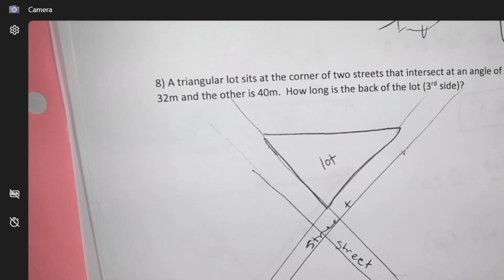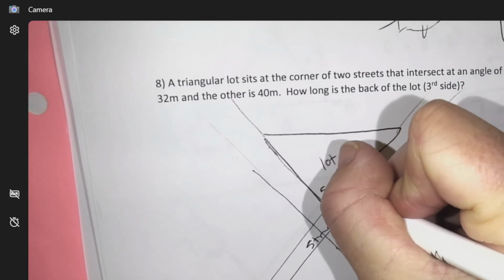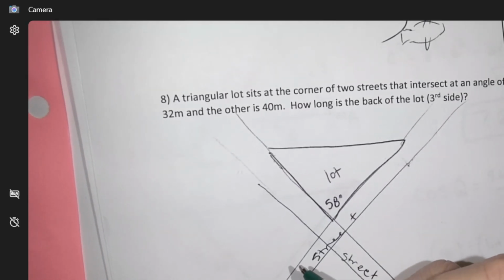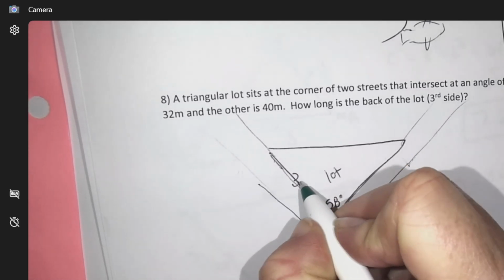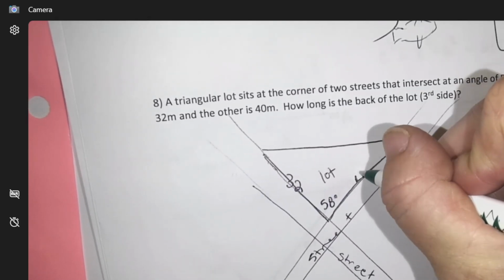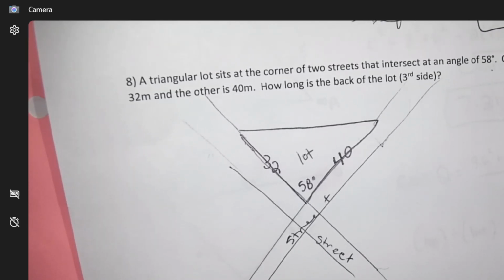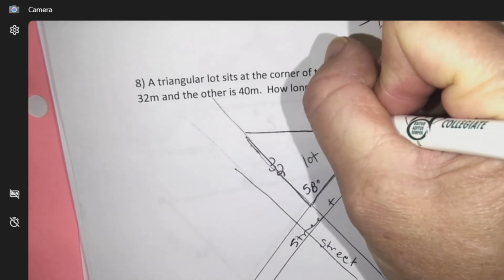Okay, so they intersect at 58 degrees. One side of the lot on the street is 32 meters and the other one is 40 meters. How long is the back side of this lot?